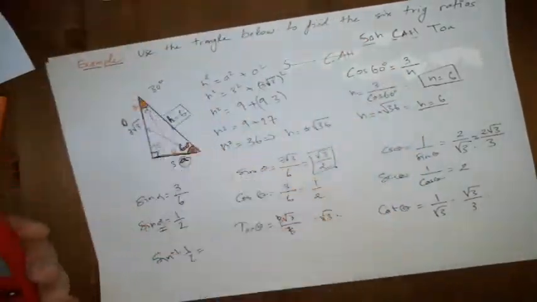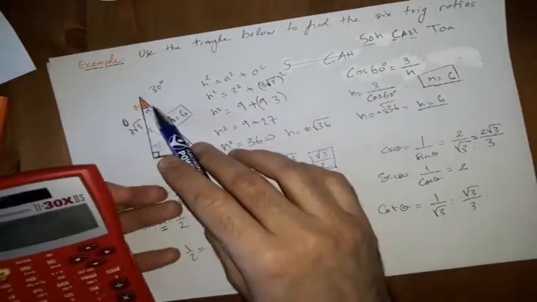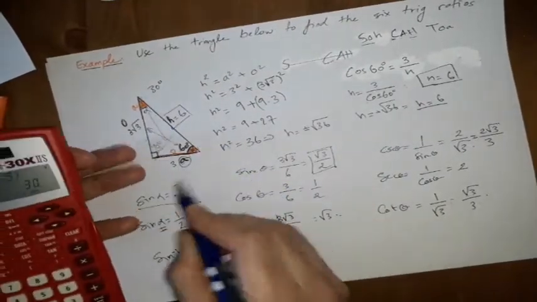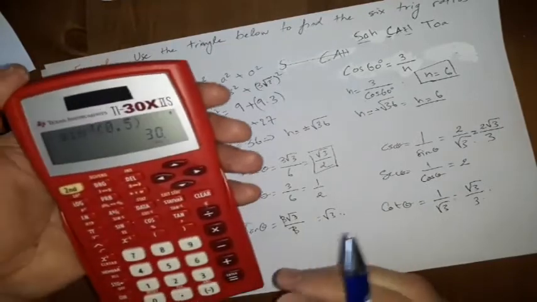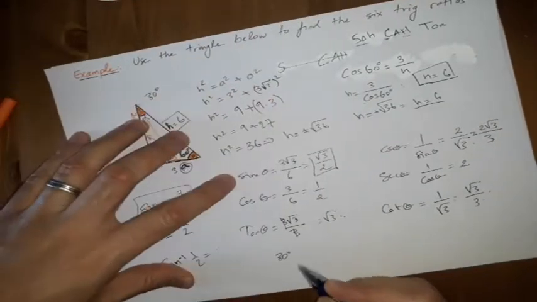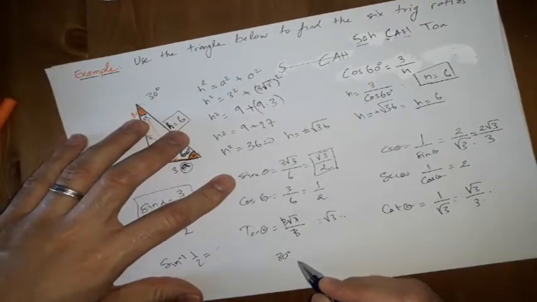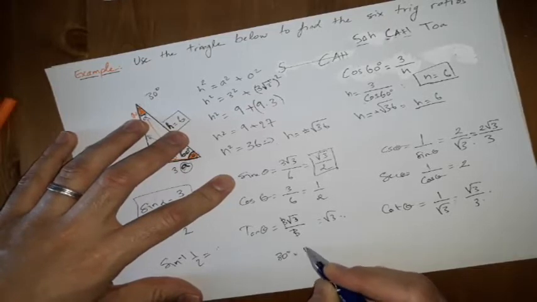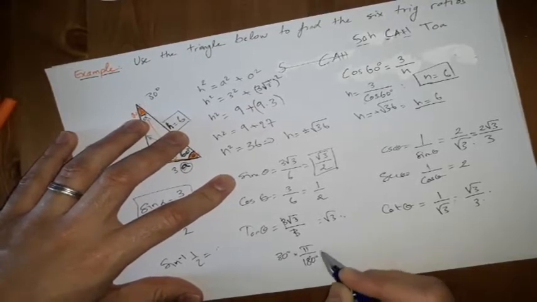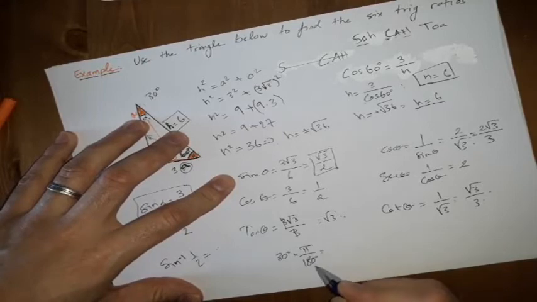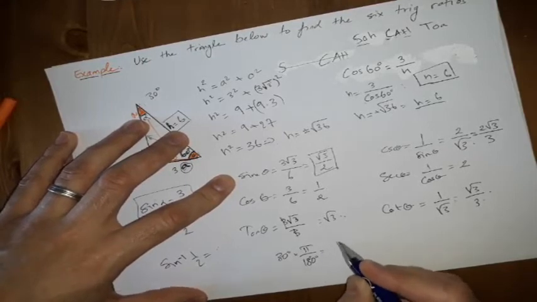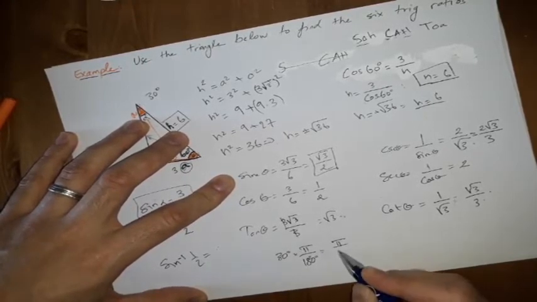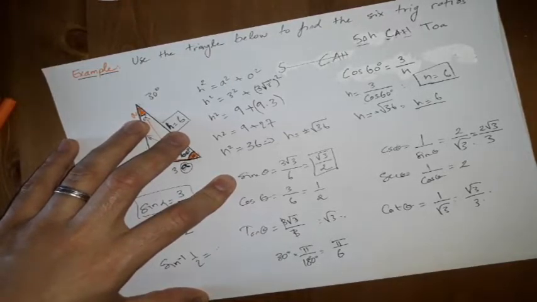As you can see, we found it two different ways. Here is 30 degrees when we use the inverse function of sine. If you remember, in order to convert 30 degrees to radians, we just multiply by pi over 180 degrees. We can divide by 30, so we have pi over 6.